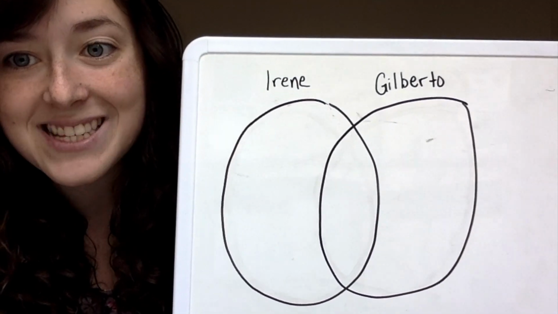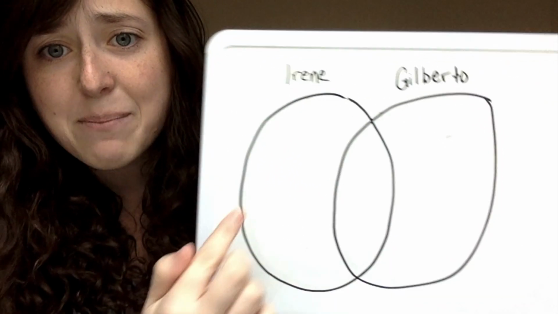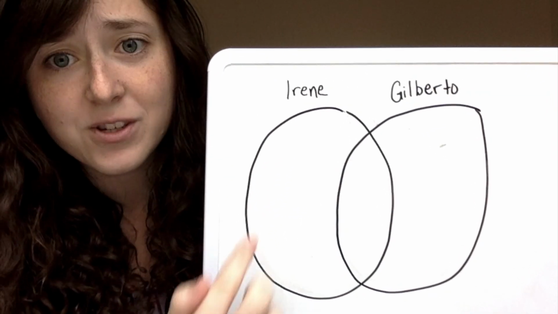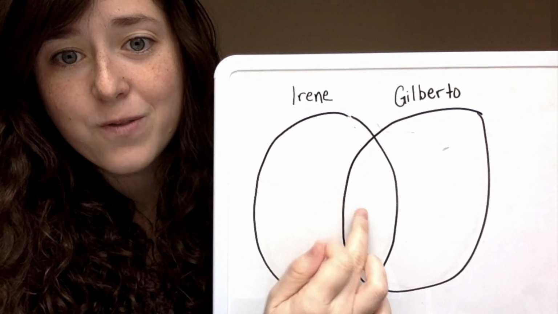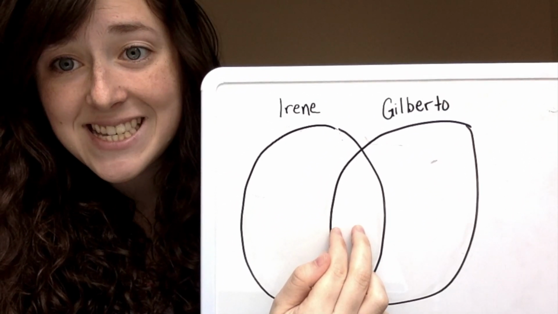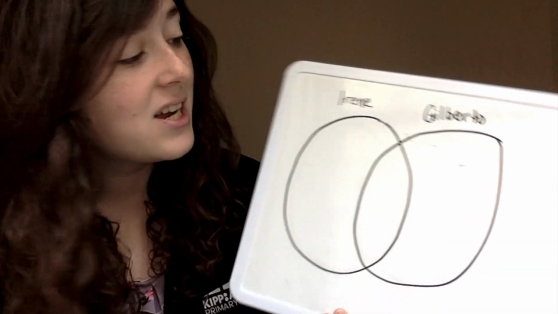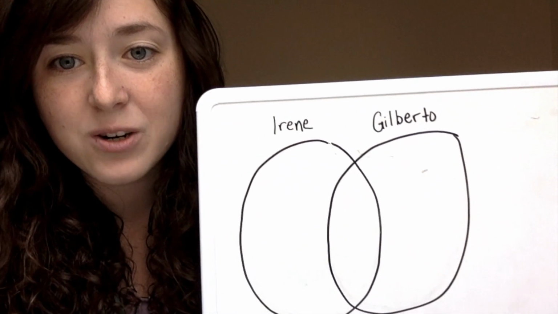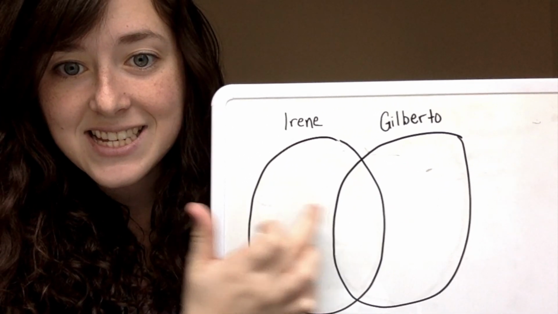So if you want to make this along with me, I drew some really terrible circles here, but you're going to draw two beautiful circles, and make sure they overlap so that there's a space in the middle. I labeled one Irene and one Gilberto. So how this works, Kipsters, is we're going to put what's different in these outside parts.